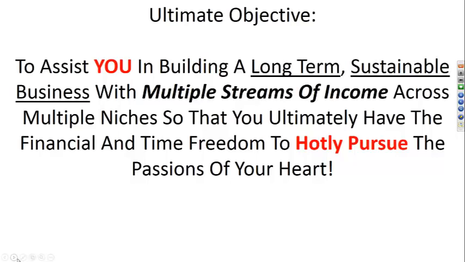I make 20 grand this month or plus, maybe even more, and then the next month the money's not there because something outside of my control happened. So we want you to build a long-term sustainable business. Your offer is merely an extension, a part of your business, but it's not your business because you don't control the network marketing company. You don't control the decisions that they make.